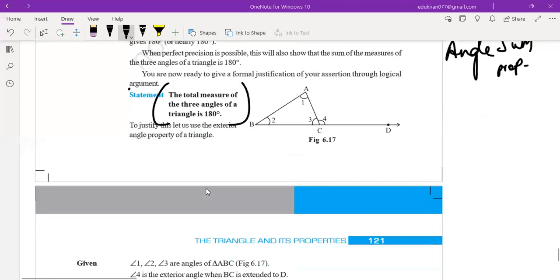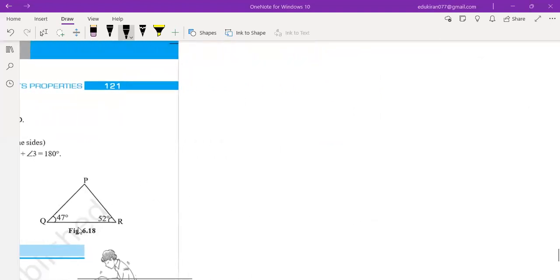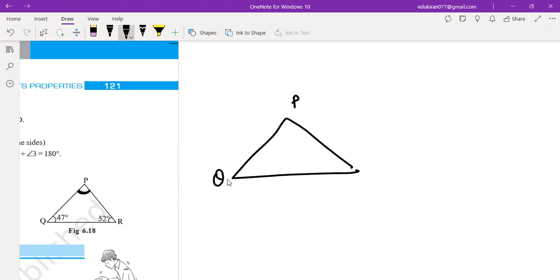Okay, both of you done? Yes, ma'am. Now, this is a triangle. Find me the angle P. Just mentioning it over here as well. P, Q, R. R is 52. Q is 47.